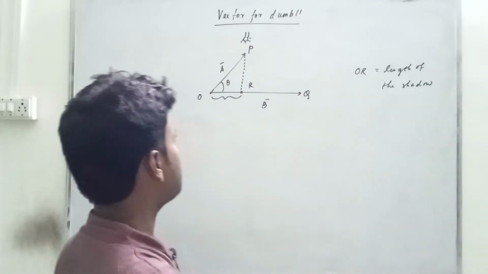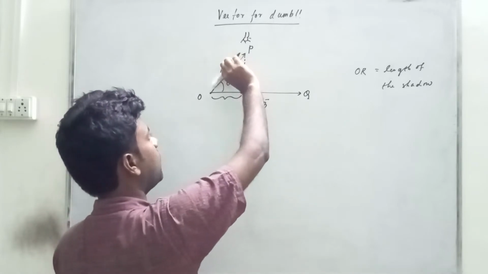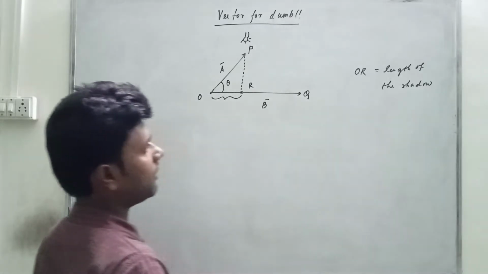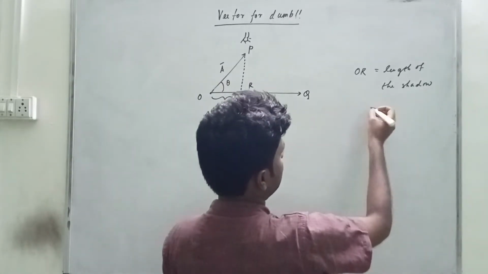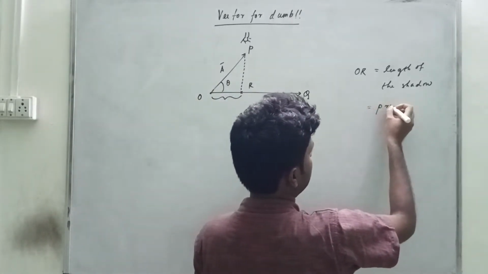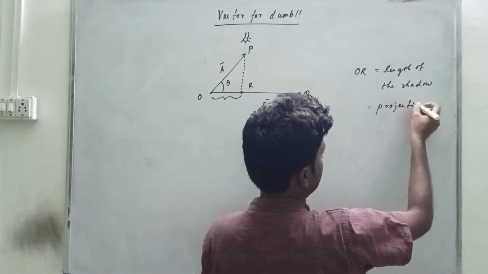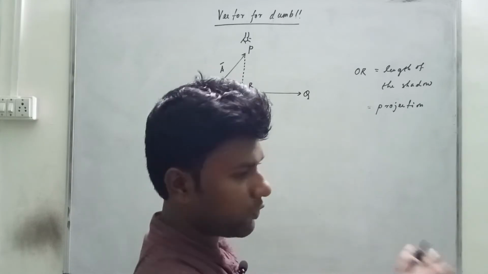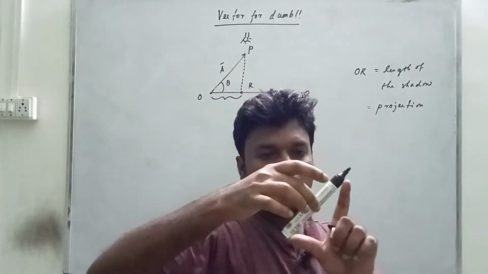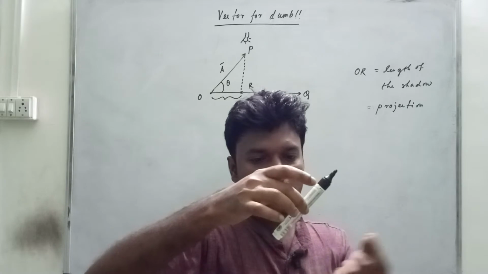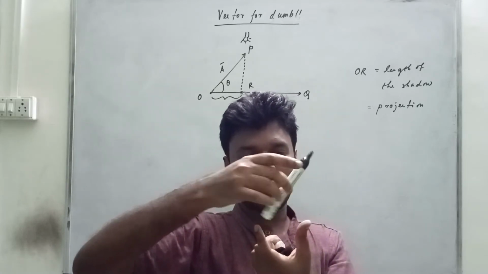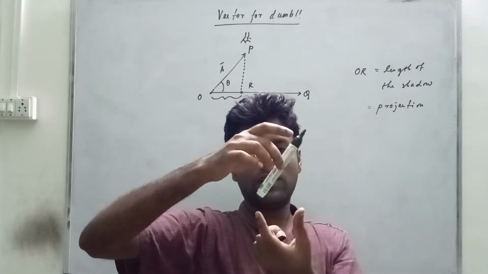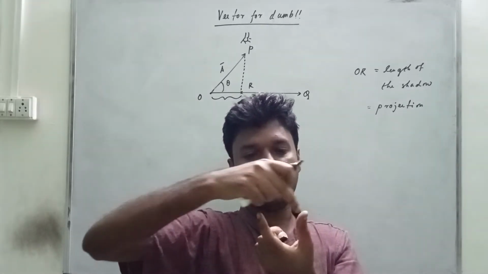If you project the vector A on this vector B, so the OR, the length of the shadow, you can call it the projection of A. Just the name, projection, is the length of the shadow. Just project this thing from here to this line, right?